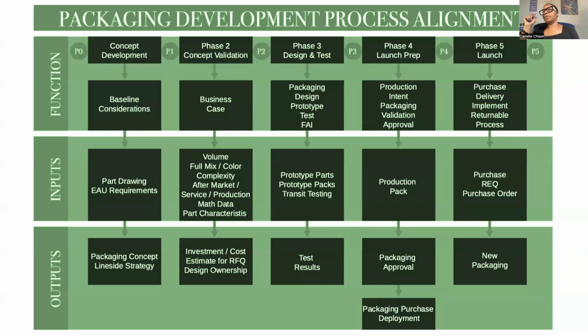And another output would be information showing that it's approved so that the purchasing team can start putting purchase orders together so that they can purchase the packaging, and then the supplier can start making the packaging. So at launch, the amount of packaging that's needed to start the launch is available.